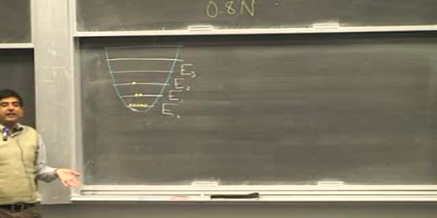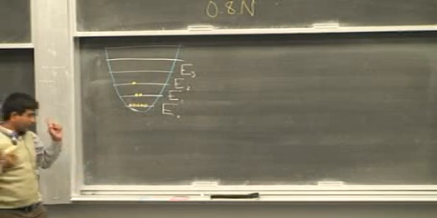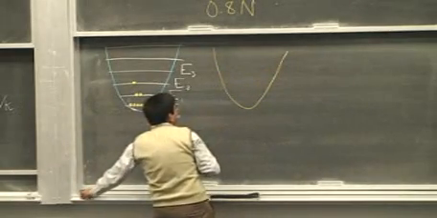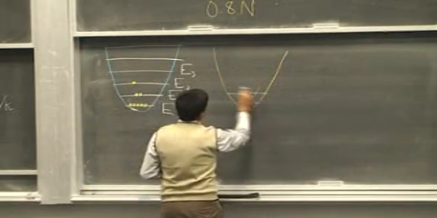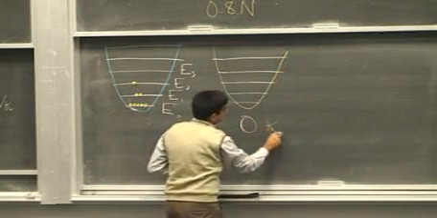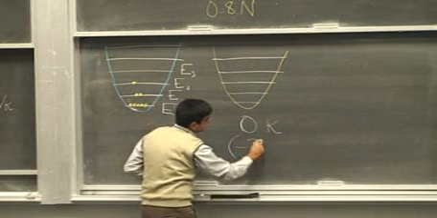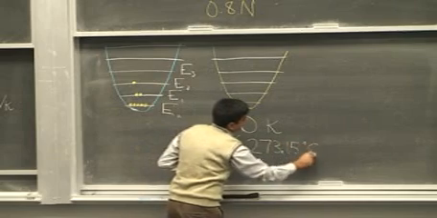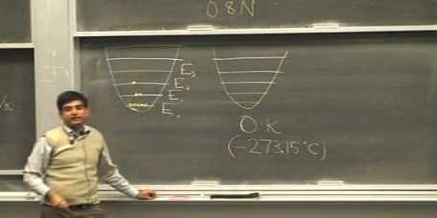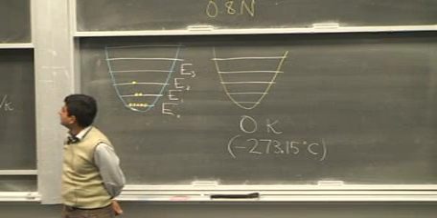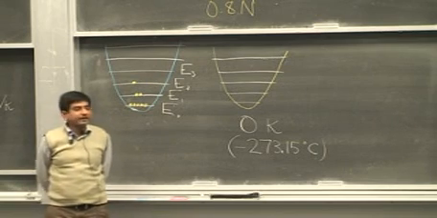Now what happens if I increase the temperature? Alright. Suppose my oscillator is now at 0 kelvins, which is roughly minus 273.15 degrees C. Now what I would like to do is find the Boltzmann factor.